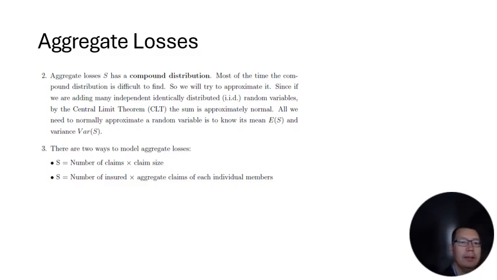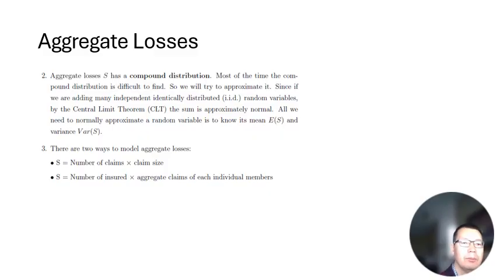Aggregate losses S has a compound distribution because it's a combination of both severity and frequency. Many times, the compound distribution is difficult to find, so we will try to approximate it. Since we are adding many independent, identically distributed random variables, by the central limit theorem, the sum is approximately normal.